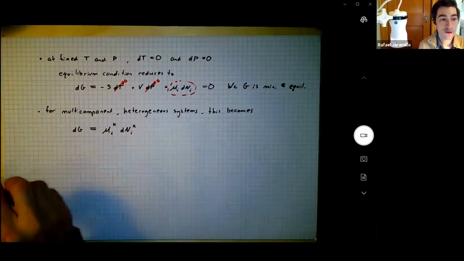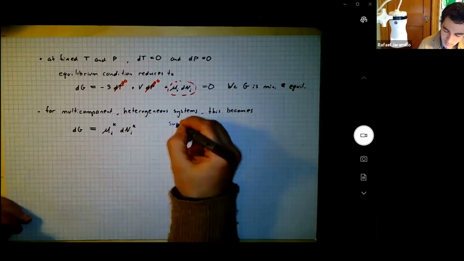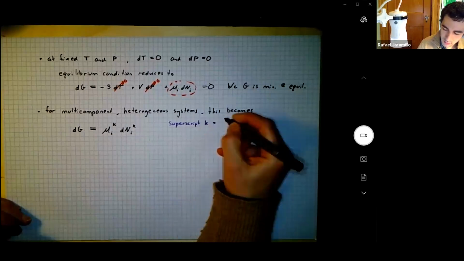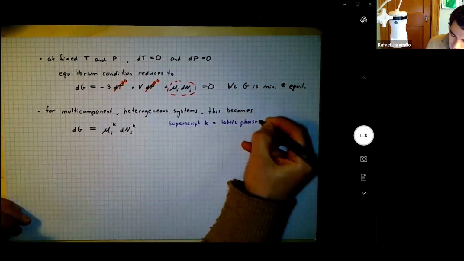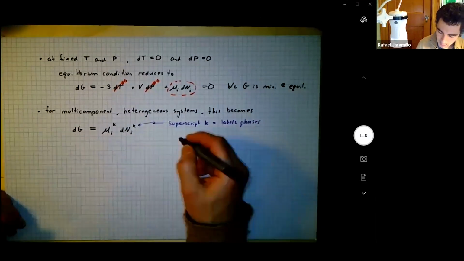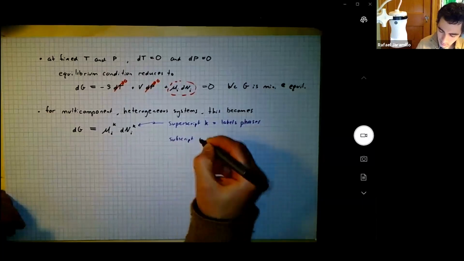I'm introducing a new notation here. The superscript labels phases, and the subscript labels components.